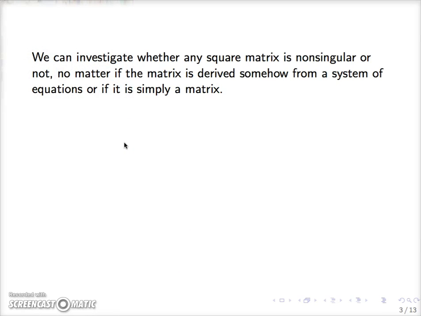So to determine, or classify, the so-called singularity of a matrix, we will have to deal with the calculation of a solution set of a linear system of equations.